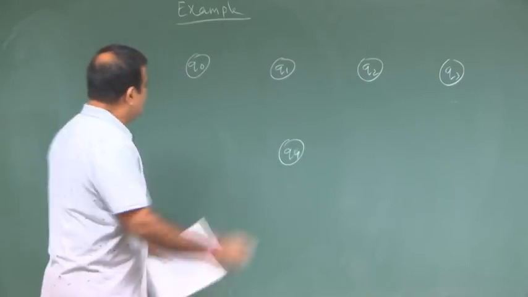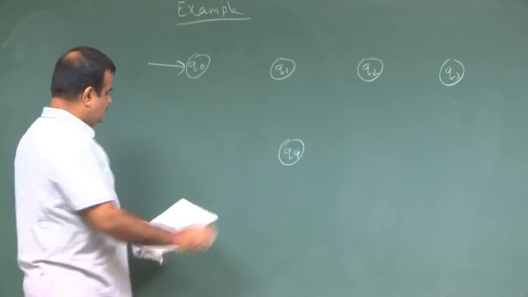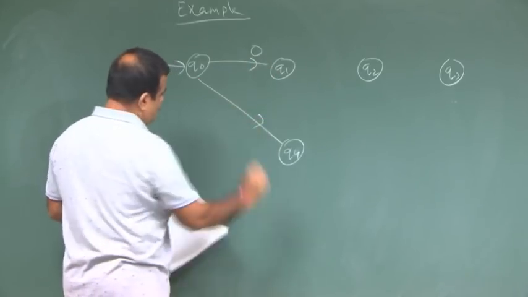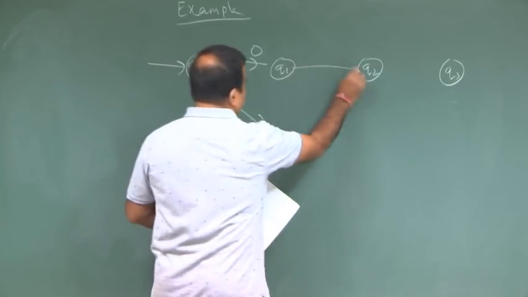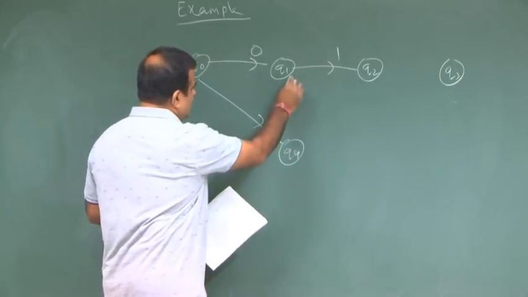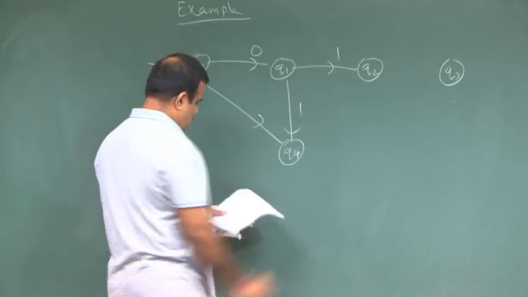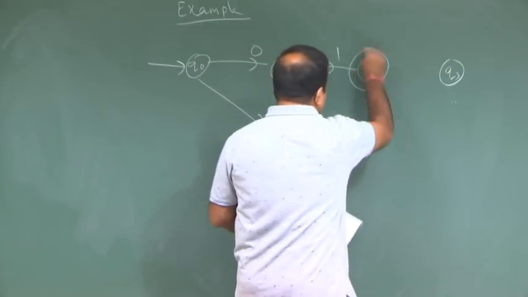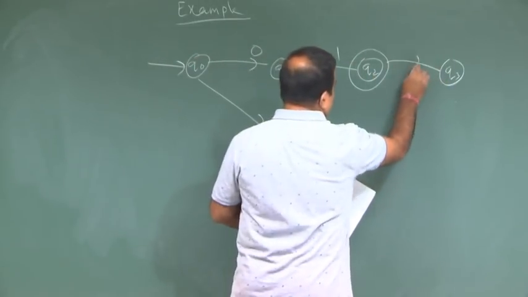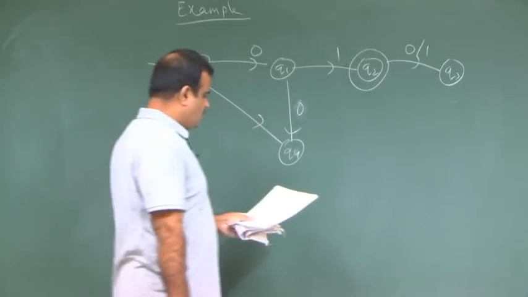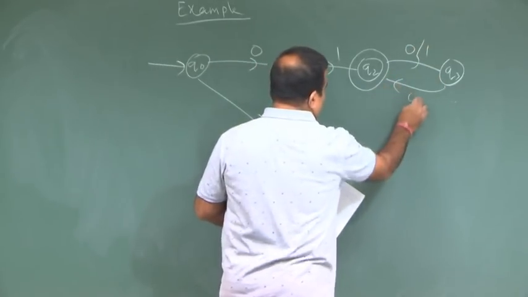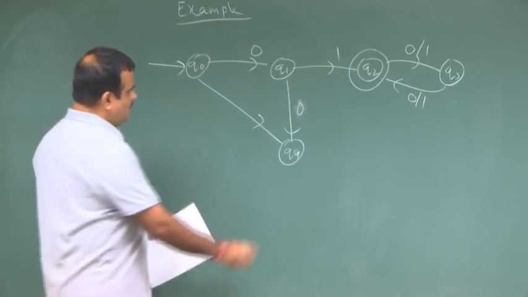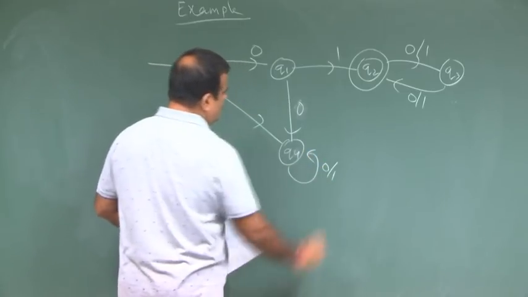This is our starting state, and if we see 0 over here we will go there, and if we see 1 over here we will come here, and from here if we see 1, so this is our delta. And from here if we see 0 we will go here, and this is our final state. If we see 0 or 1, anything, we will go to q3, and from q3 if we see 0 or 1, anything, we will go to q1. And from here if we see 0 or 1, we will hop there.